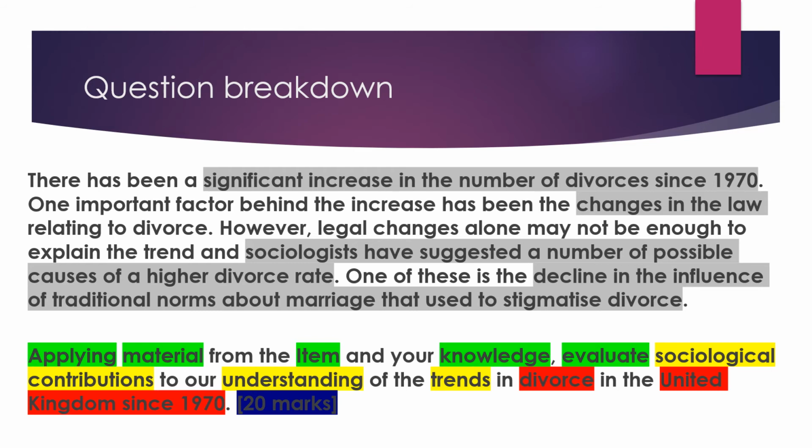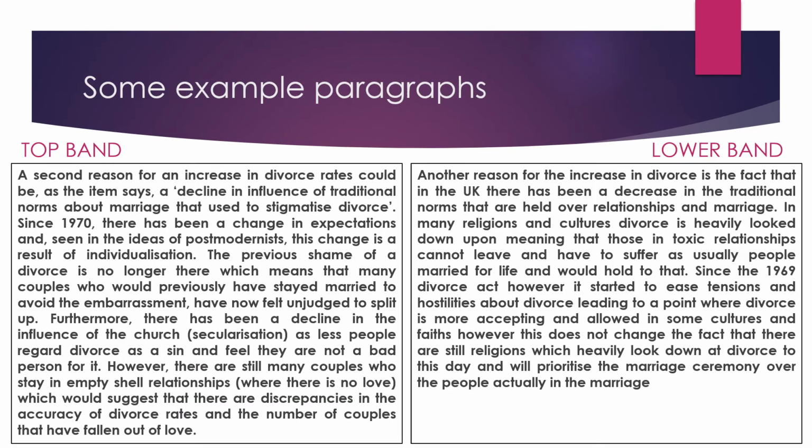Sociologists have given other reasons. Again, that's what we're trying to explain with this question: how do sociologists explain the change? It also gives us the idea that the decline in traditional norms about marriage has been part of this, and obviously that's led to less stigmatization of divorce.